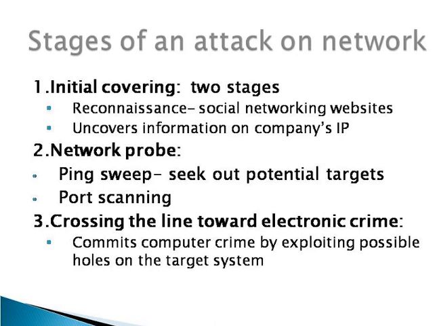But in the third stage, he commits the computer crime by exploiting the possible holes. He exploits the possible holes on the target system and gets access to the system.